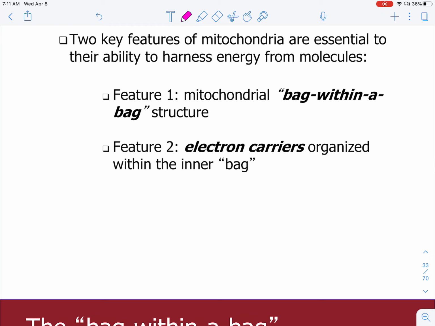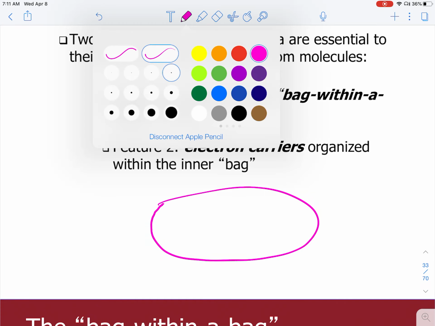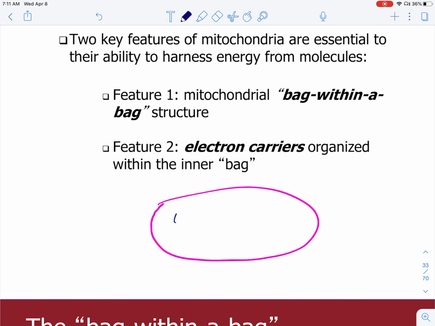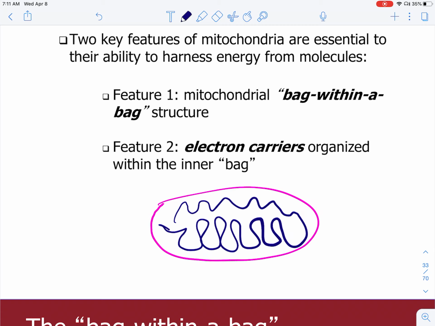I went over this in the last lecture, but the mitochondria is a dual membrane system. It has a permeable outer membrane and a semi-permeable inner membrane with all of these projections in it.